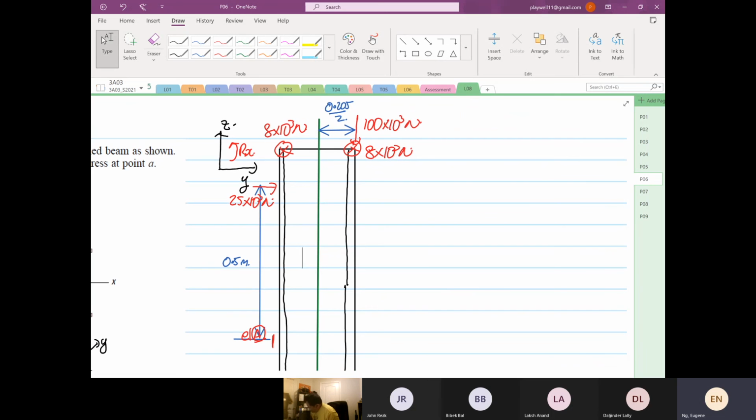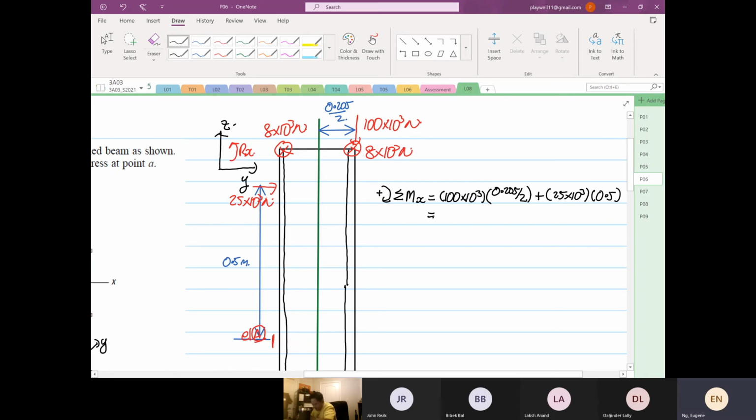Okay. So I'm going to declare that going clockwise is positive. So I mentioned moment in the x direction. All these are relative to the element. Okay. So force 100 times 10 to the power 3, distance is 0.205 divided by 2 plus 0.5, plus 25 times 10 to the power 3 multiplied by 0.5.